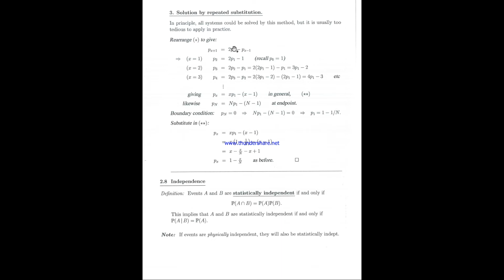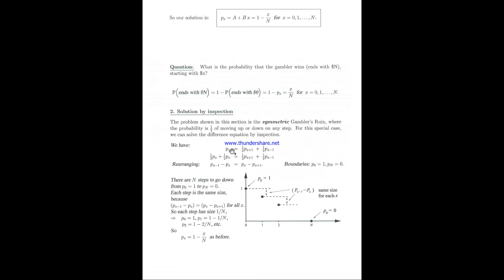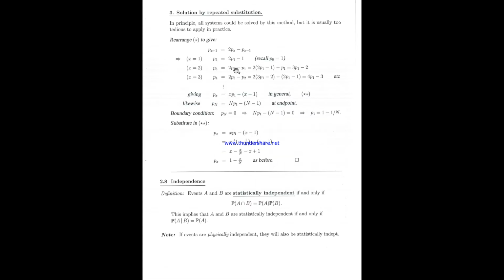Anyway, this is the equation that we have derived so far: Px equal to 0.5 times Px plus 1 plus 0.5 times Px minus 1. You can multiply the whole equation by 2, and then you will receive Px plus 1 is equal to 2 times Px minus Px minus 1.